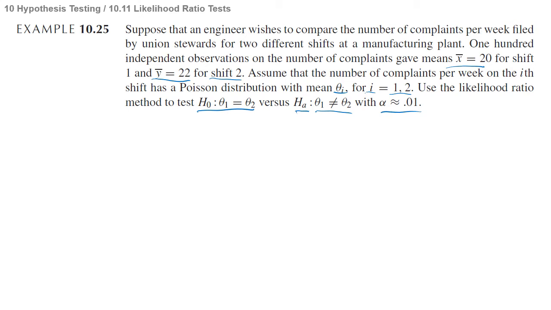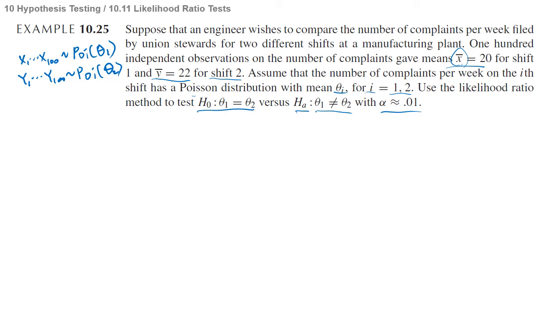The x samples are from shift 1, and shift 1 follows a Poisson distribution with mean theta 1. So x1 to x100, we have 100 independent samples following Poisson theta 1, and we have y1 to y100, which are from Poisson theta 2.